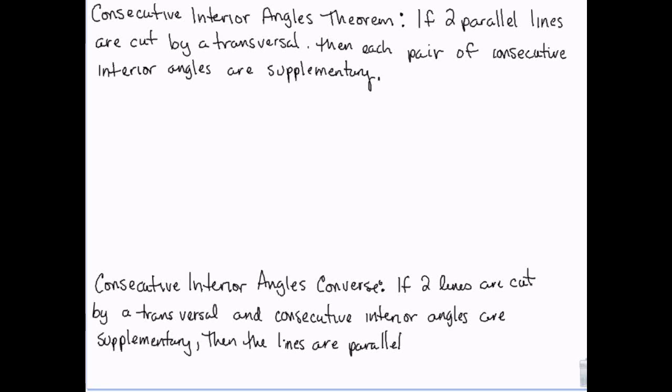The consecutive interior angles theorem told me that if I have two parallel lines and I cut them by a transversal, then the consecutive interior angles, the angles on the same side, will add up to 180.